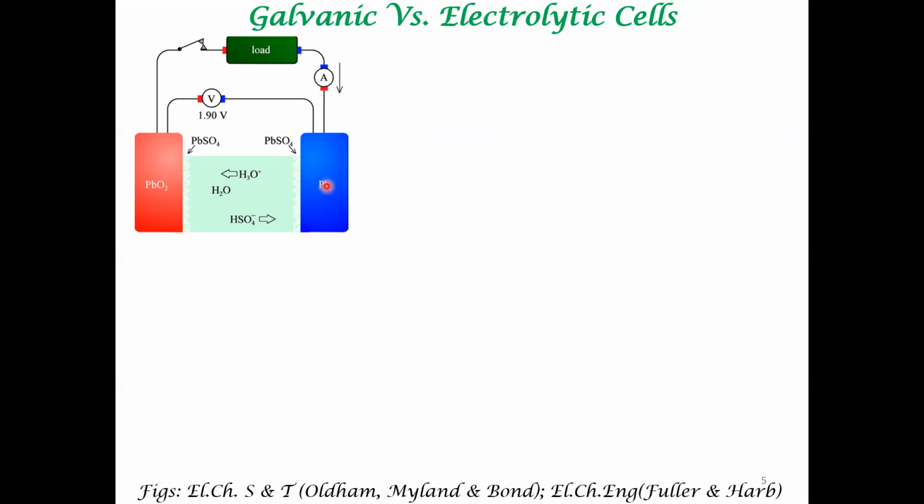So again, lead and lead dioxide, these are electronic conductors in a lead-acid battery, and these are the electrolytes. And there are some chemical reactions, we won't go into the detail, that occur at the interface between the electrodes and electrolyte. So the same lead-acid battery can operate both in the galvanic mode as well as an electrolytic cell.